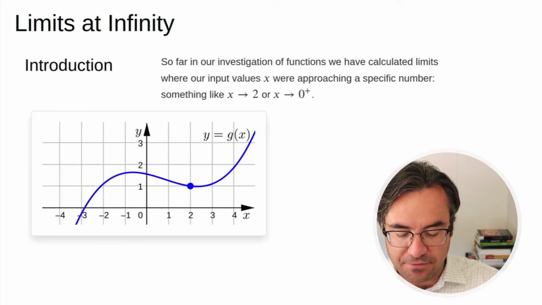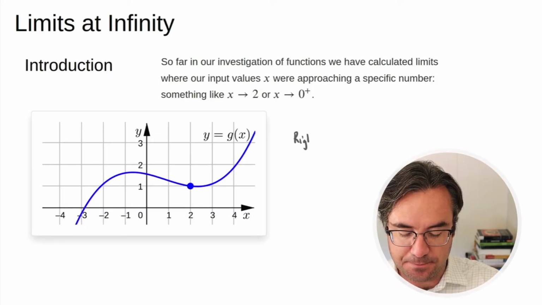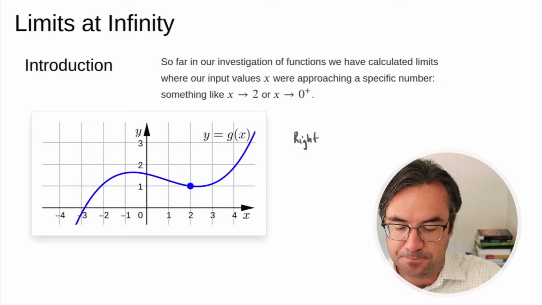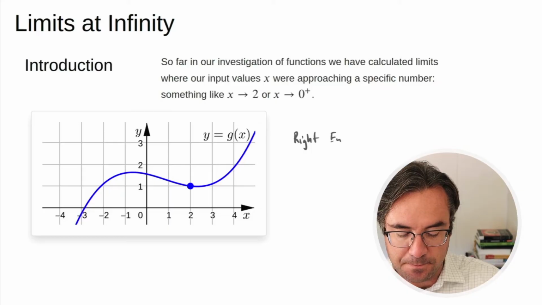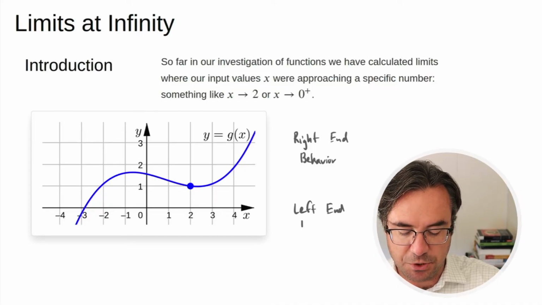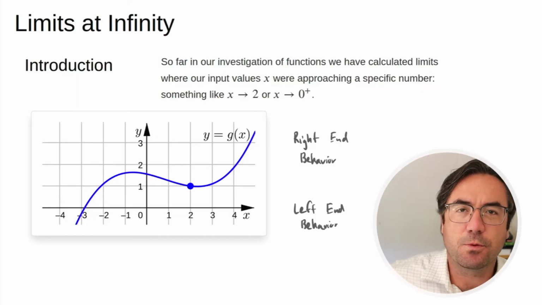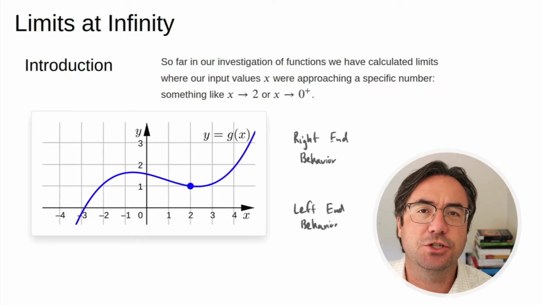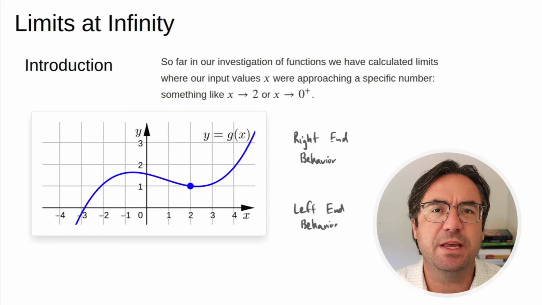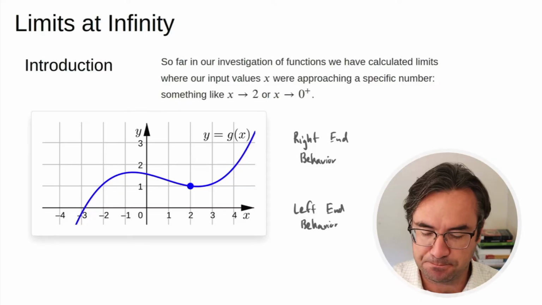So we have the right end behavior. And we have the left end behavior. We might use this terminology from time to time. All right, so what would the right end behavior of our function look like? Where would we be looking?